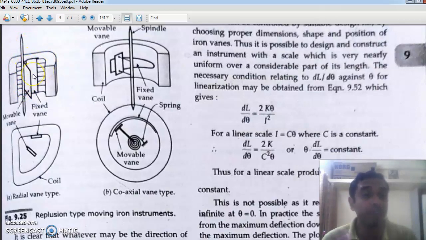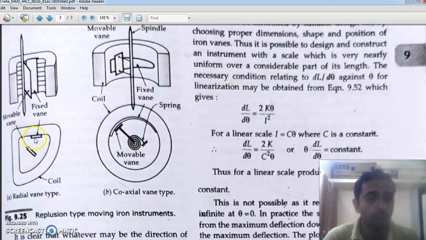The two vanes will get similarly magnetized, and when they get similarly magnetized, they get repelled. The repulsive force will be there, so the vane which can move will repel from the fixed vane. Thus the deflection occurs, and that deflection will be shown by the pointer which runs over a graduated scale. So this is the top view.